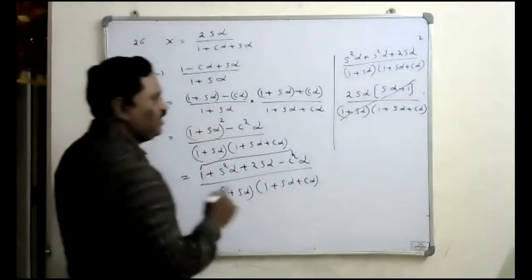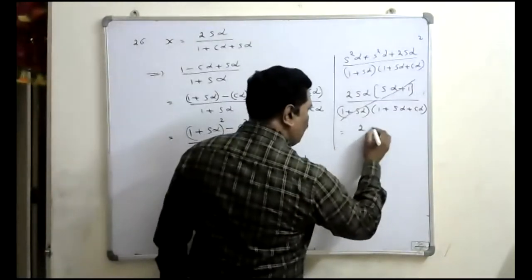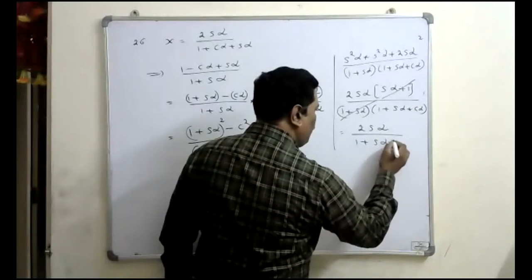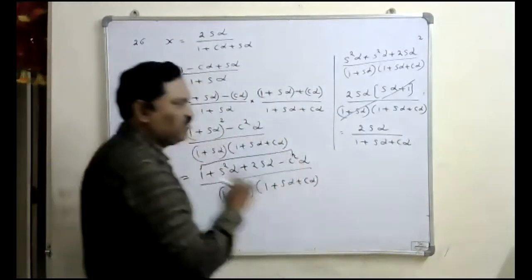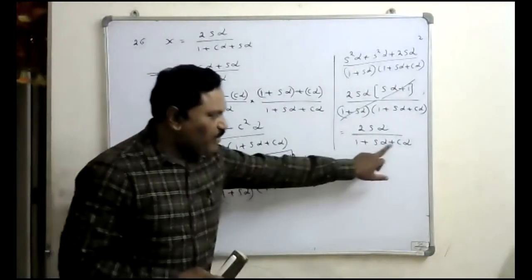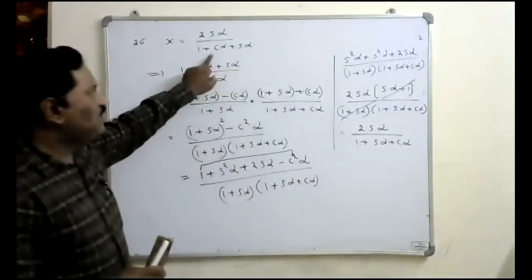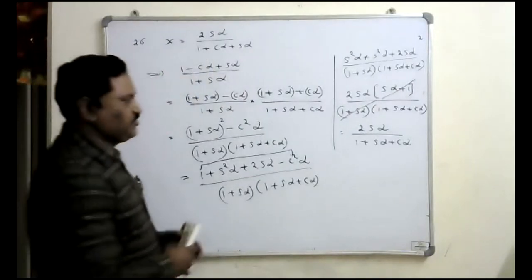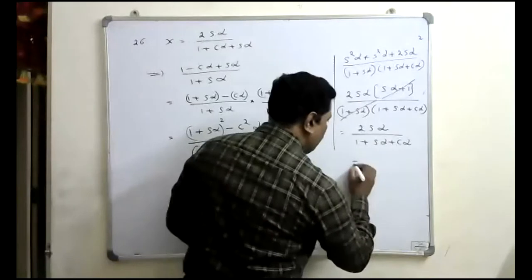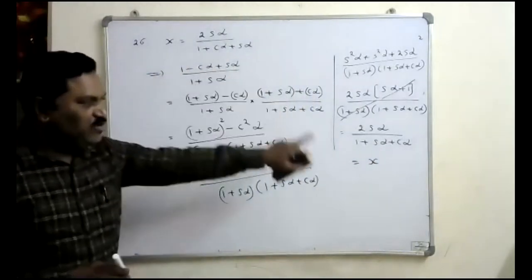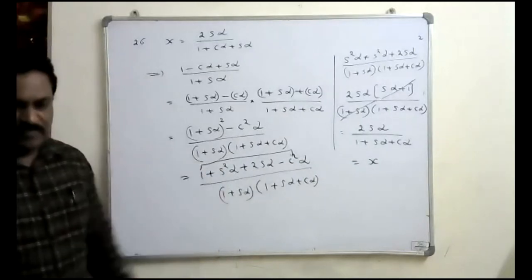The remaining is 2 sin α upon 1 + sin α + cos α. This is what we got. So 2 sin α by 1 + cos α + sin α is already given, which is equal to x. So this value is also equivalent to x. That is the answer.